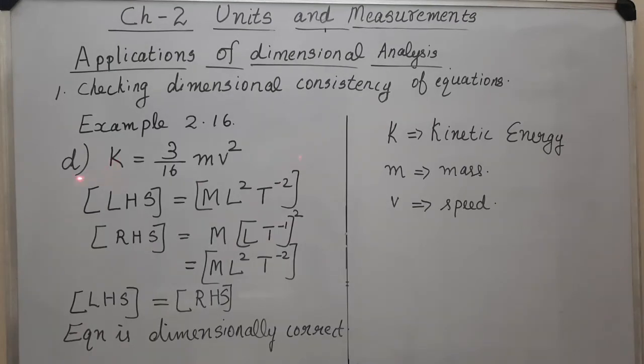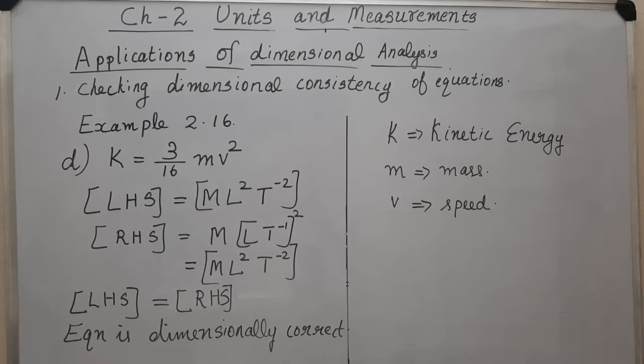Now in D part, we have K equal to 3 by 16 mv square. So when we find left hand side, it is the same on all the equations. Right hand side, see 3 by 16 is dimensionless. So we'll get it to be the same. That is, on both sides the dimensions are same, and hence we get the conclusion the equation is dimensionally correct.